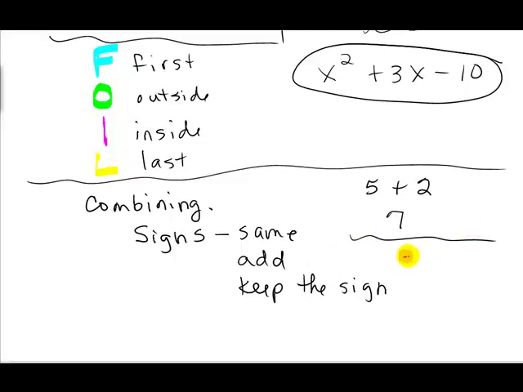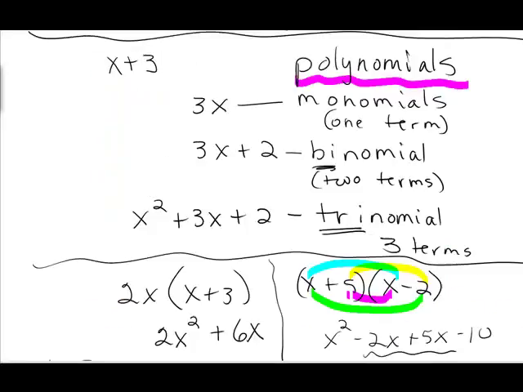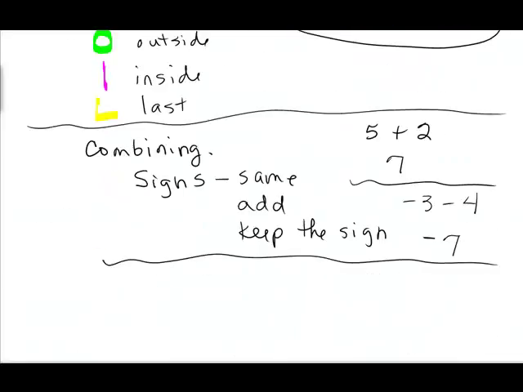If I have negative 3 minus 4, well, that has a negative in front of it. That has a negative in front of it. Those are the same. We will add 3 and 4, 7, and we'll keep the sign, the negative. Many times you may see negative 3 plus negative 4.